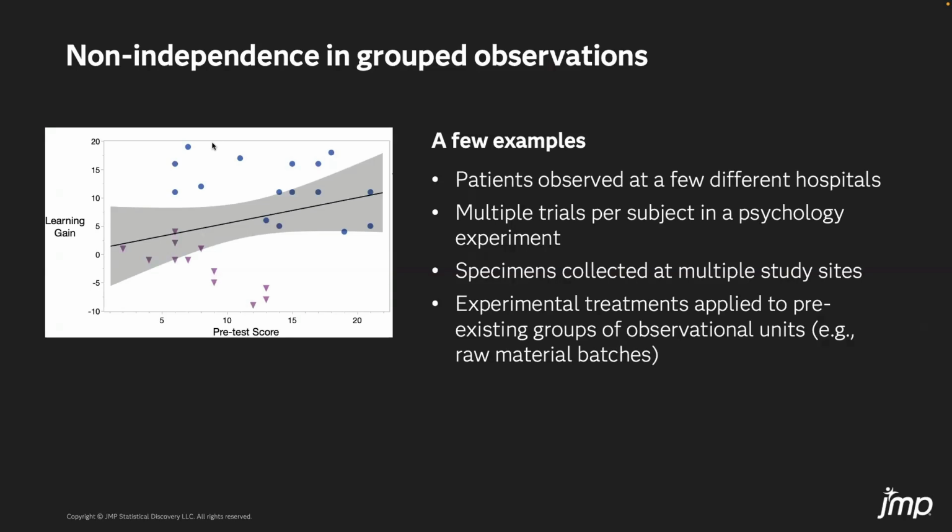So we've already talked about students from different classrooms in this example of pretest score and learning gain. Some other examples could include observing patients at several different hospitals over the course of a medical study. So maybe you have partnered with researchers at several different university hospitals, and each of you are collecting data, sampling individuals.